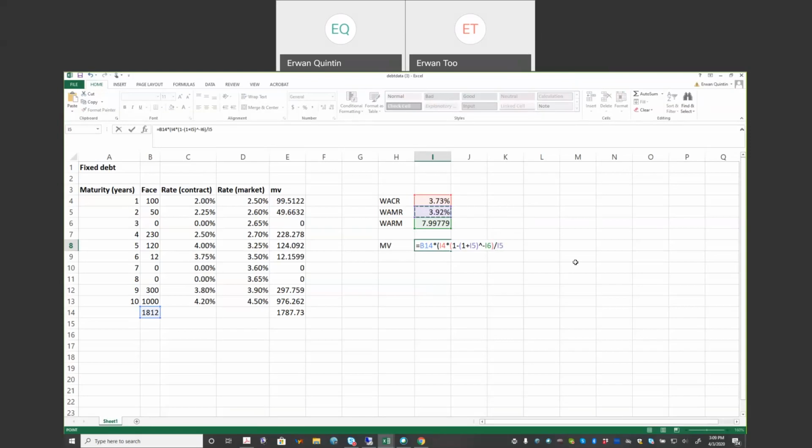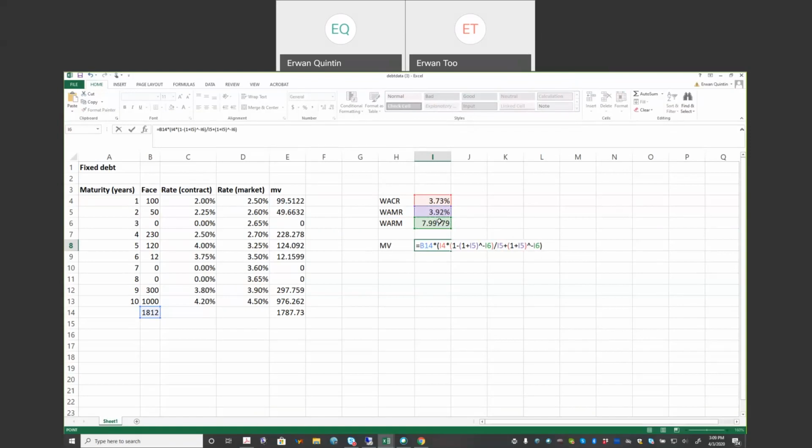So that's the first piece of my calculation, plus now I need to discount the final payment, and that's just going to be discounted by 1 plus market rate power minus the remaining maturity.